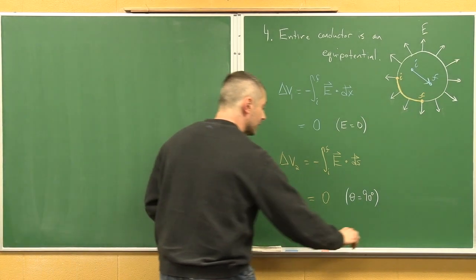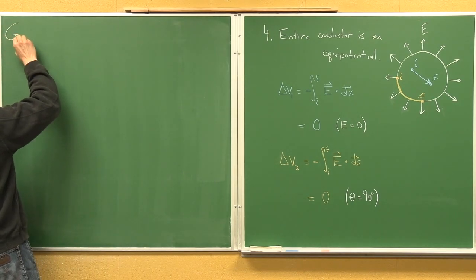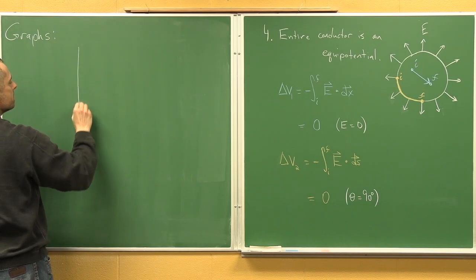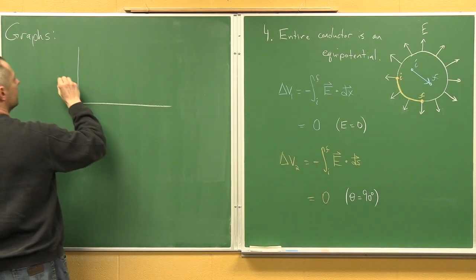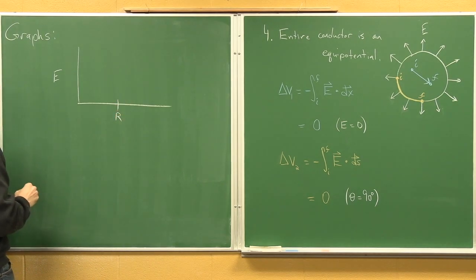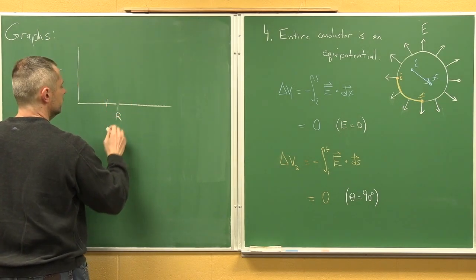Okay, as I said, the graphs. So the electric field. And let's suppose the conductor has a radius of capital R.